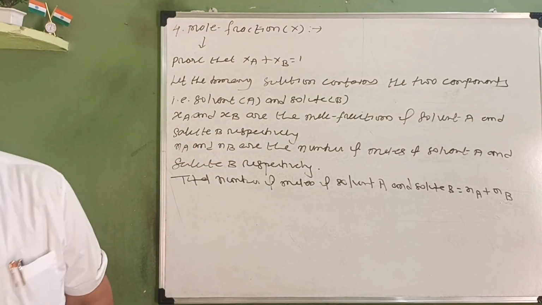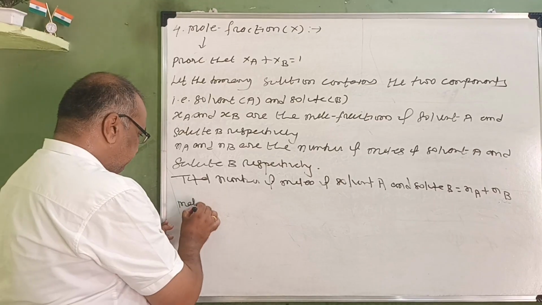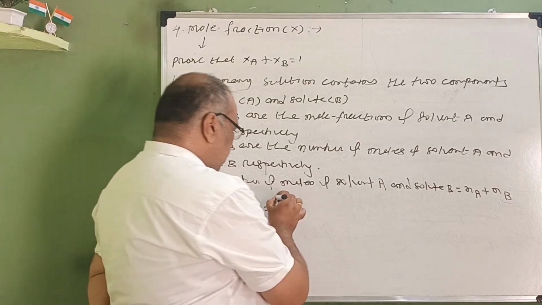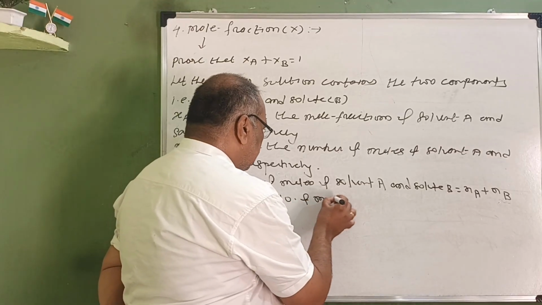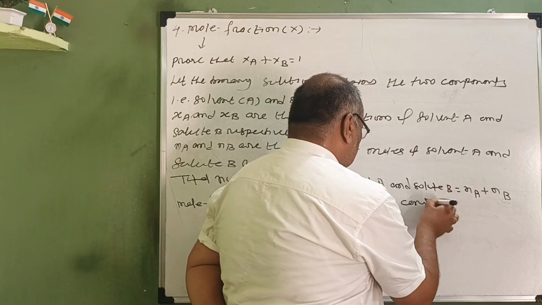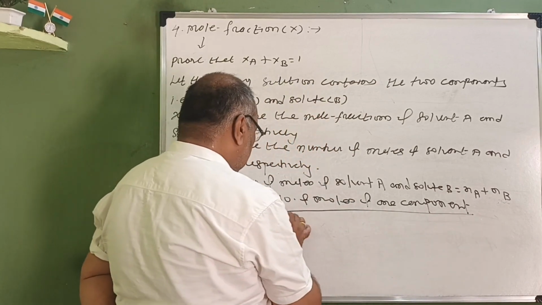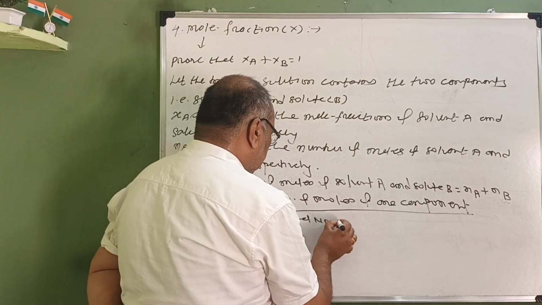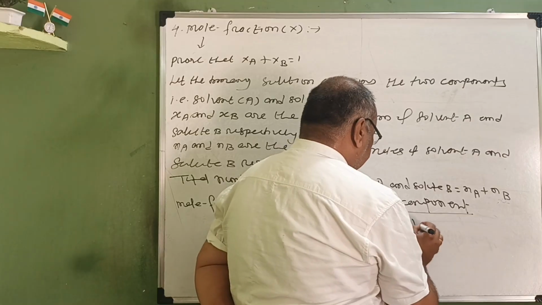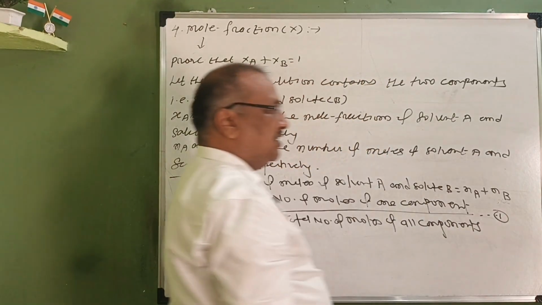Now here mole fraction equal to the number of moles of one component upon the total number of moles of all components. Equation number 1.